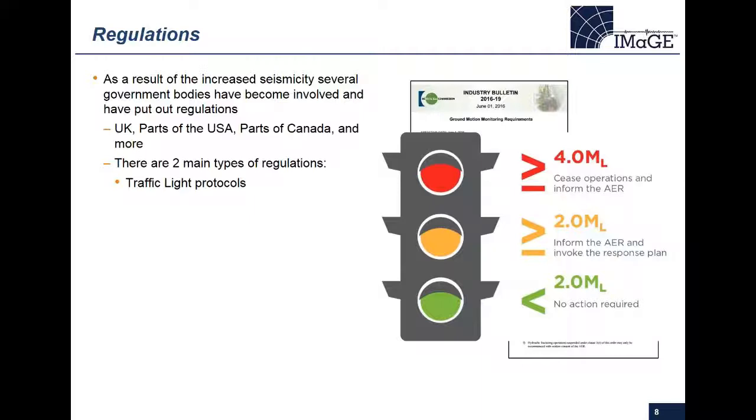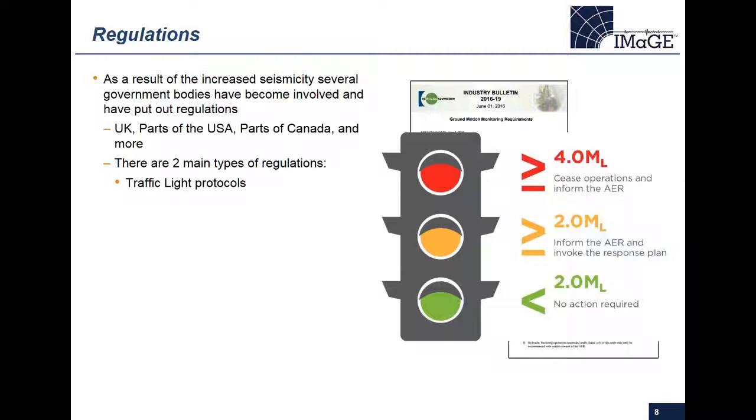But if it is this yellow region, the operators are still allowed to proceed. They just have to proceed with caution and maybe at a lower volume or rate than they were originally doing. And then in this traffic light scenario, if they get a seismic event of magnitude 4 or greater, then everything has got to be shut down, and the operator has to consult with the regulatory body before being able to resume operations.